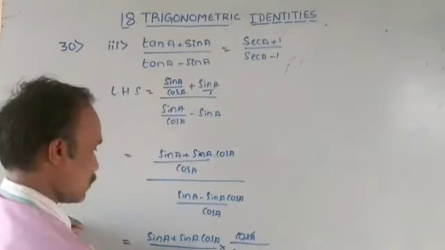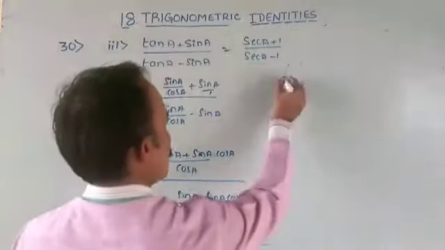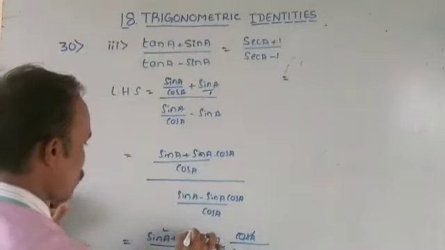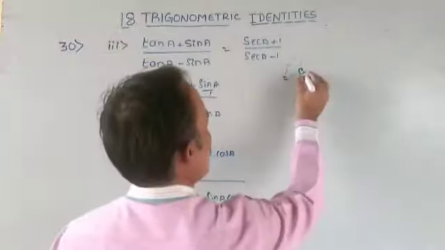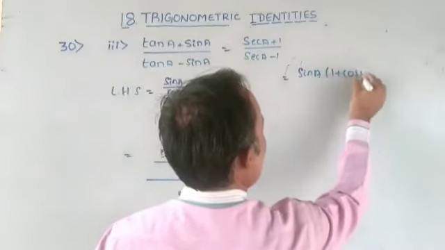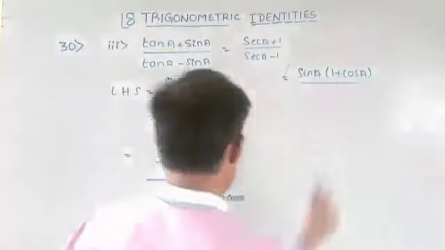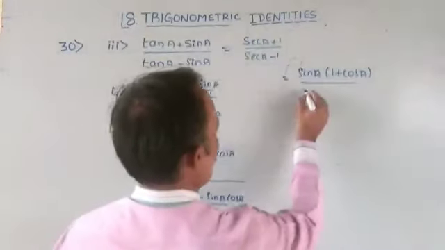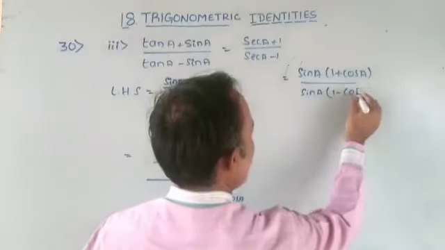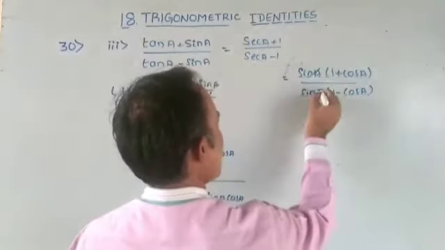So cos A gets cancelled. So this is equal to sin A plus sin A into cos A. So sin A is a common factor here. So sin A is common, remaining 1 plus cos A divided by, again sin A is common here, 1 minus cos A. So sin A gets cancelled.